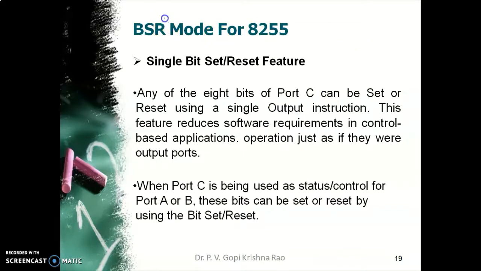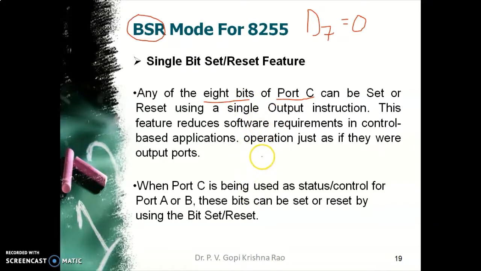The other mode of operation of 8255 is the BSR mode. This is achieved when the D7 bit of the control word register is made equal to 0. This BSR mode is only applicable to port C, where the 8 bits of port C can be operated independent of each other.